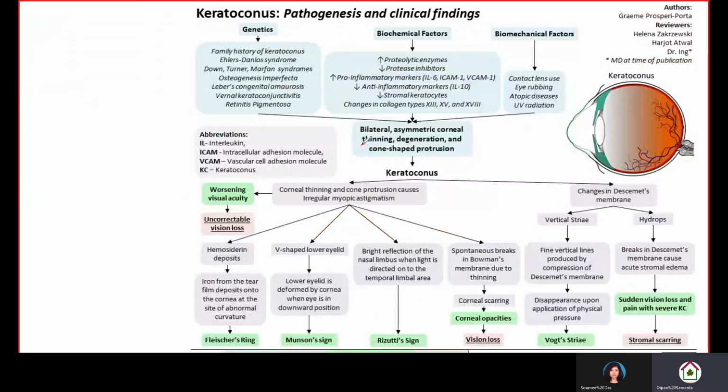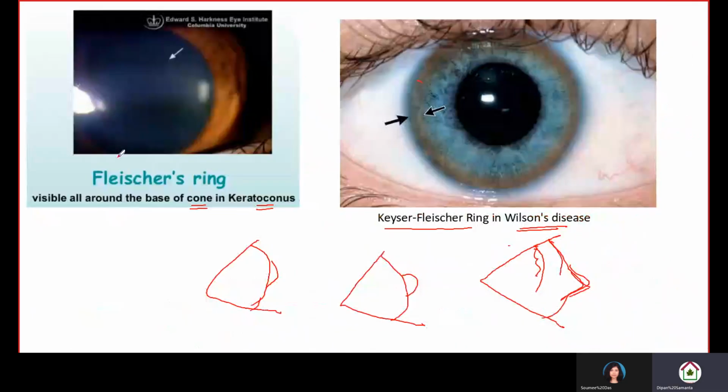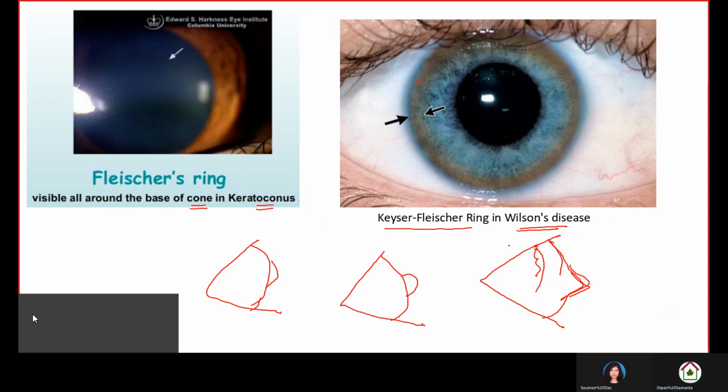Okay, so let's see the pathogenesis and clinical findings. Another thing is, for image-based questions, Fleischer ring is very important. Fleischer ring is very difficult to see. This is the ring, if you can appreciate.